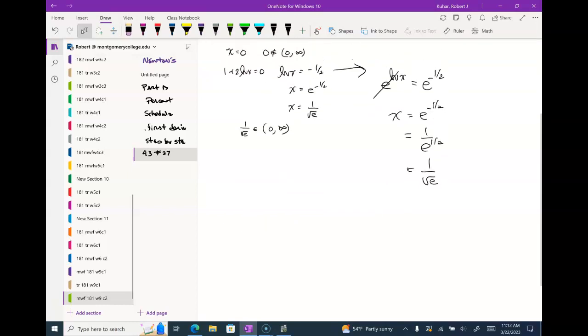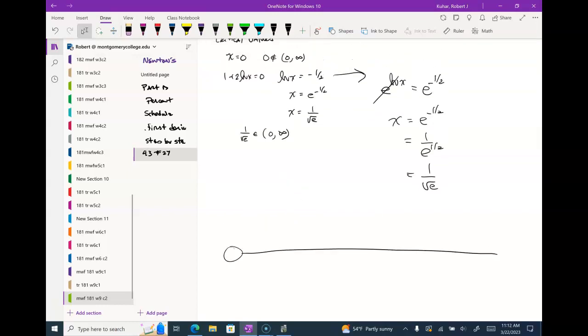So I'm ready for my sign table now, right? The only number I have on that sign table is 1 over square root of e. I have to check somewhere to the left and somewhere to the right, right?